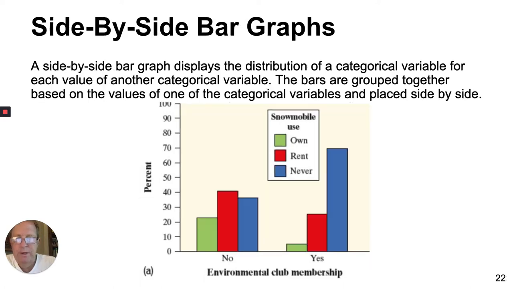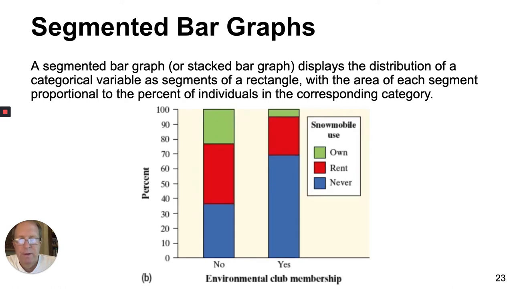So if I go back to this graph, notice on the left-hand column I have percent. If I take the three columns on the left-hand side, these are the columns for respondents who said no. If I take the green, the red, and the blue columns for the no people, and I stack them one on top of the other, I would get the no column in the segmented bar graph.